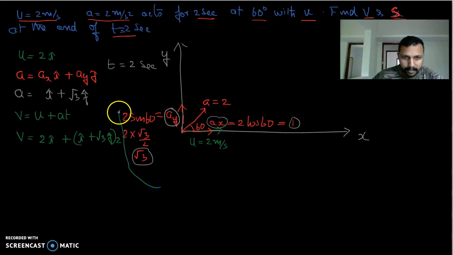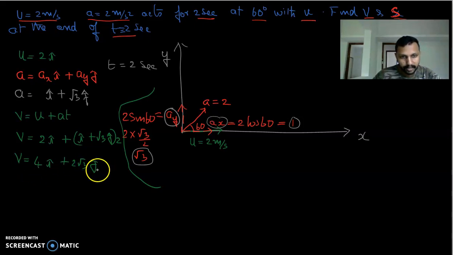Okay, now we have an equation like this. Let me simplify it. 2i cap plus 2i cap will be 4i cap, plus root 3 into 2, that is 2 root 3 j cap.